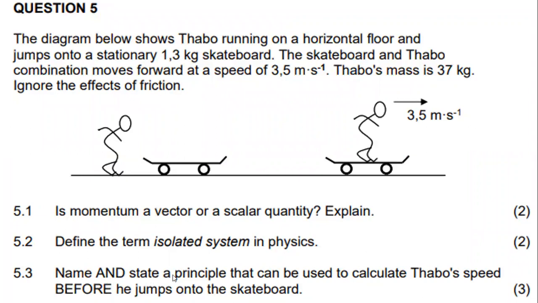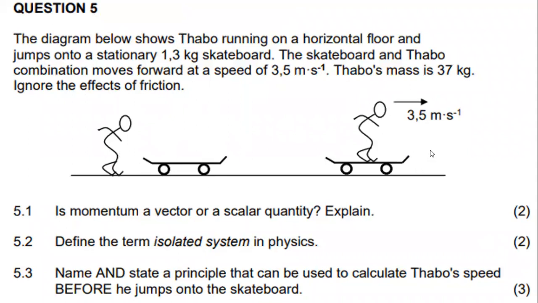Name and state a principle that can be used to calculate Turbo's speed before he jumps onto the skateboard. Now, what principle can we use? We have an idea about the mass and the initial velocities before the collision.